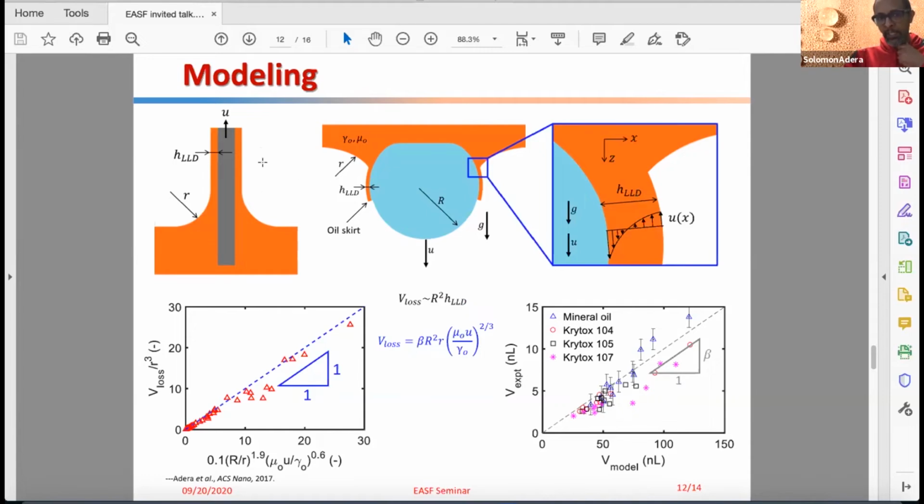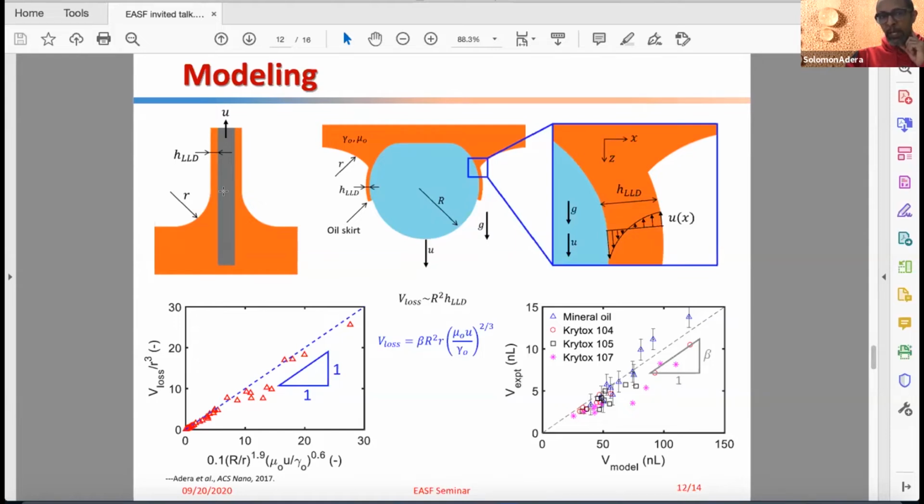We can draw an analogy between the Landau-Levich drawing problem and these water droplets from the lubrication tube. It's spherical, but when the droplet is falling, it stretches down, behaving like a flat plate.